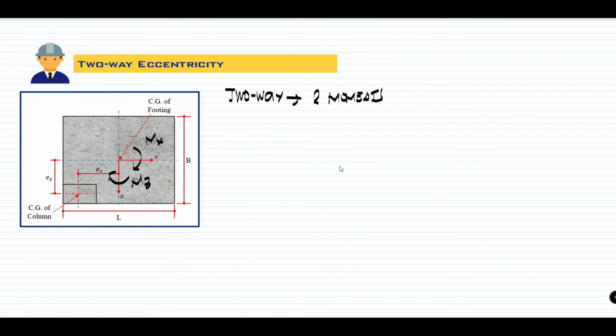And, isa pang sample is kagaya nitong nasa figure. Ayan. Nagkaroon ng eccentricity along x and nagkaroon ng eccentricity along z. Nangyari yon kasi nag-deviate both the z and the x-axis nung center of gravity ng column from the center of gravity ng footing. Kaya nagkaroon ng eccentricity.